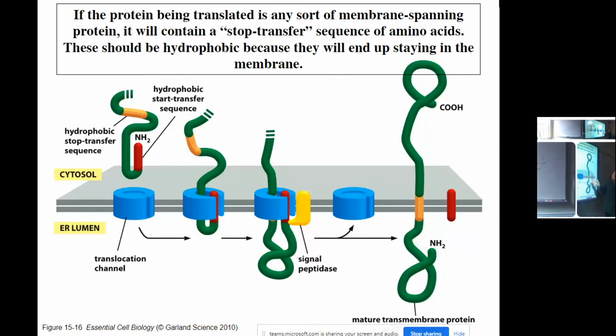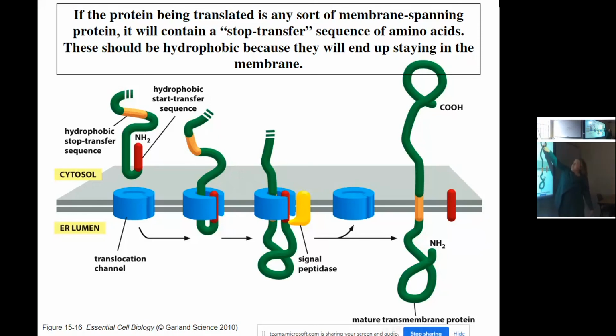So over here we're seeing the finished protein, and this type of protein is supposed to have sections of protein on either side of the membrane. We've got this segment built into the ER lumen, and then this transmembrane section that holds it in the membrane, and then this segment is supposed to stick out the other side.